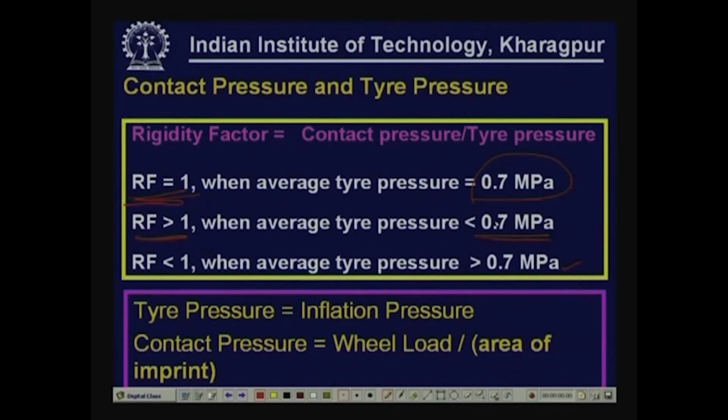But normally we consider the tire pressure to be equal to the inflation pressure, and the contact pressure to be equal to the tire pressure, which in turn is equal to the inflation pressure, and we normally calculate contact pressure as the wheel load divided by the area of tire imprint. So the important thing is we make an assumption that the contact pressure is equal to tire pressure, although we know that it is not always the case.